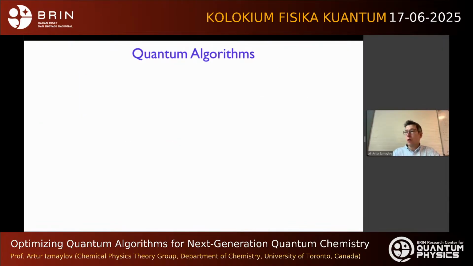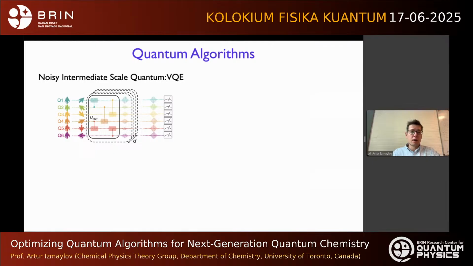When it comes to quantum algorithms, in the current stage, we're in the noisy intermediate scale quantum device era, where the errors that occur in quantum computers are not corrected.